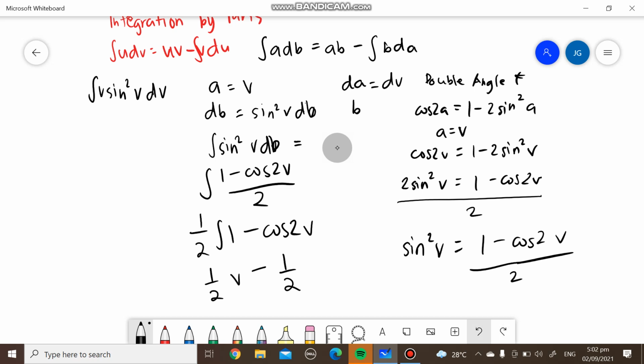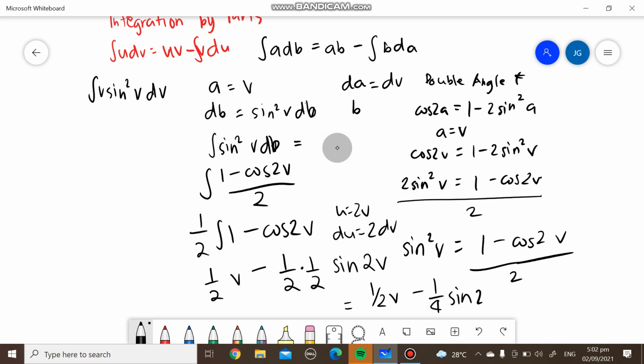Tapos the integral of cosine 2v, we set u as 2v, our du is 2 dv, and our dv is du over 2. So bali may 1/2 pa tayo dito, and then the integral of cosine u is sine u, the value of u is 2v. So, we will have the value of 1/2 v minus 1/4 sine 2v.